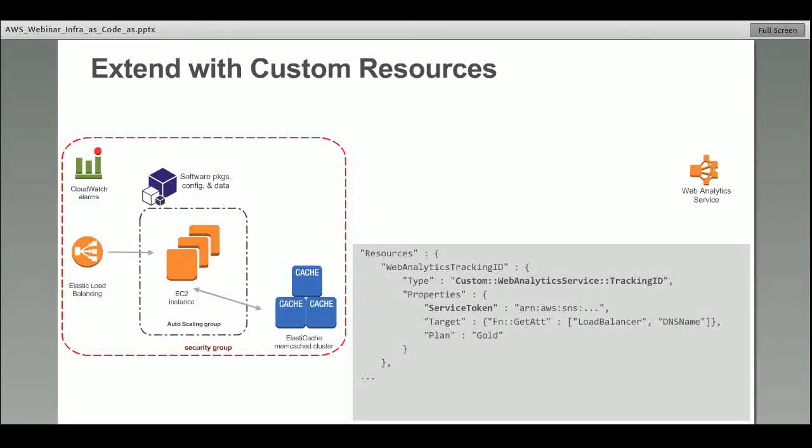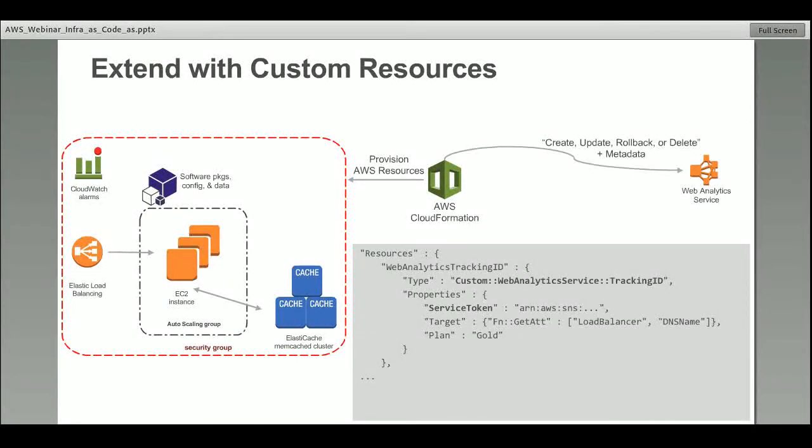So in the normal course of things, when you give this template to CloudFormation, it will go on and start creating these regular resources like CloudWatch alarms or elastic load balancers and so on and so forth.